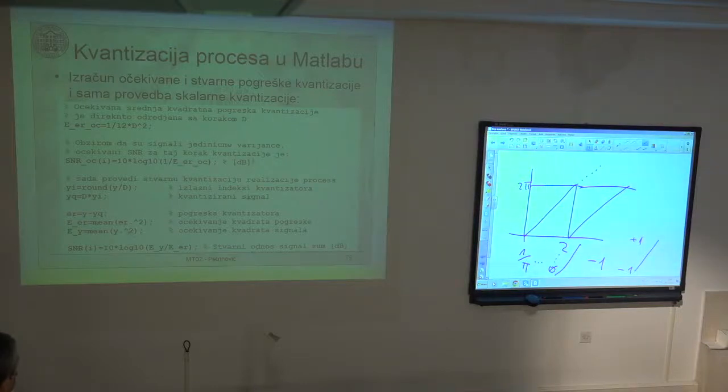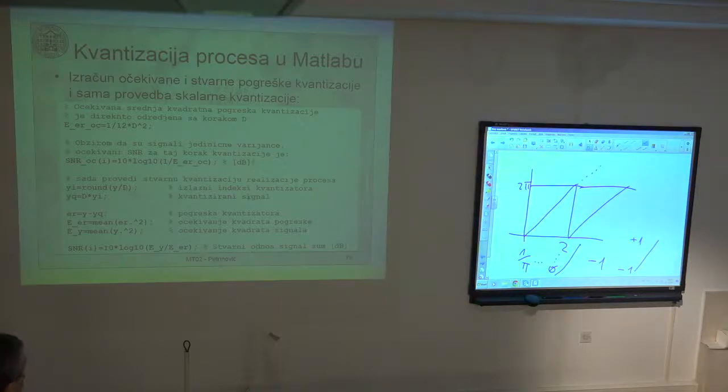By taking these two values as a ratio, I get the actual ratio between the signal variance and the quantization variance after quantizing the signal with a uniform scalar quantizer with the chosen step size capital D.